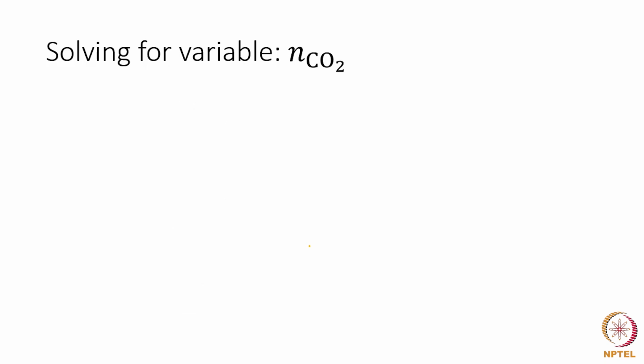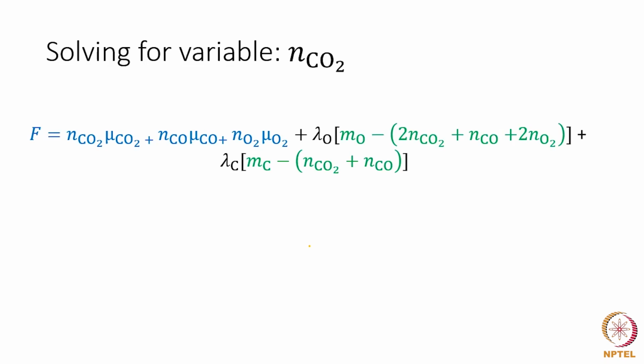First we evaluate the variable NCO2. So we take the composite function and differentiate, and when we differentiate we notice wherever CO2 is there, there is a quantity in front of CO2, and there is a 2 here, and there is a minus sign here.